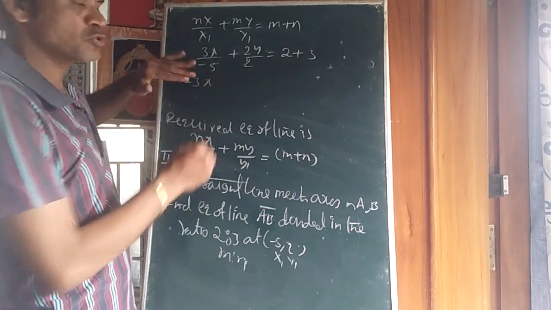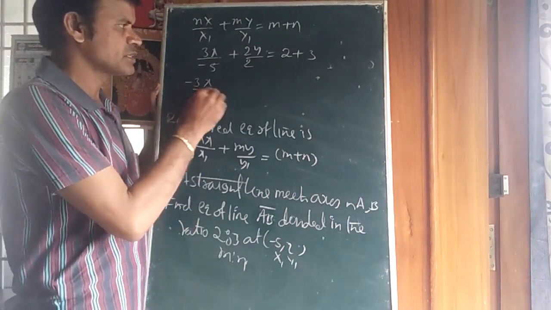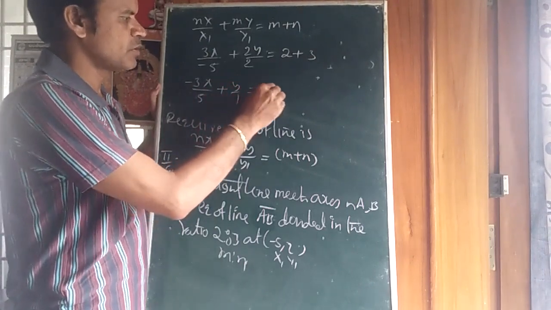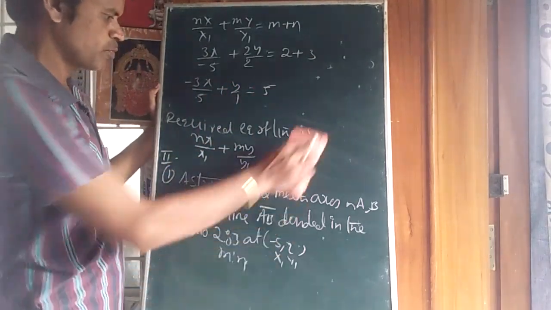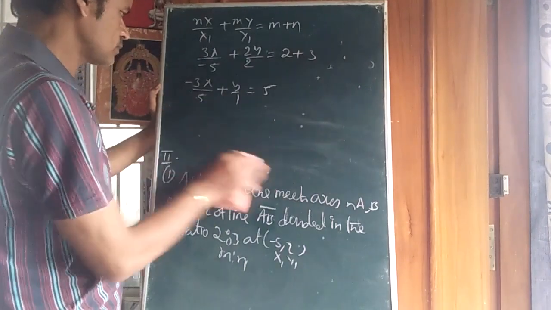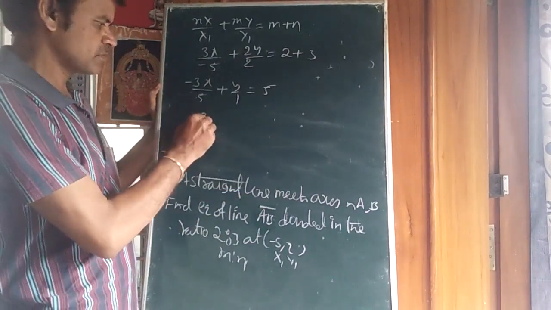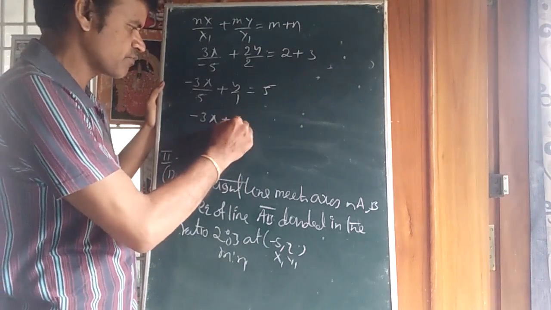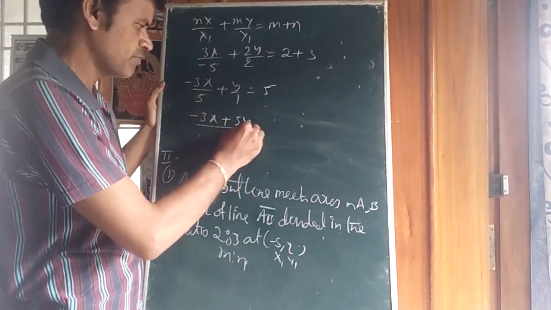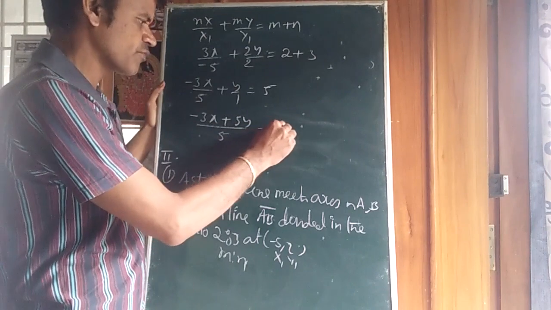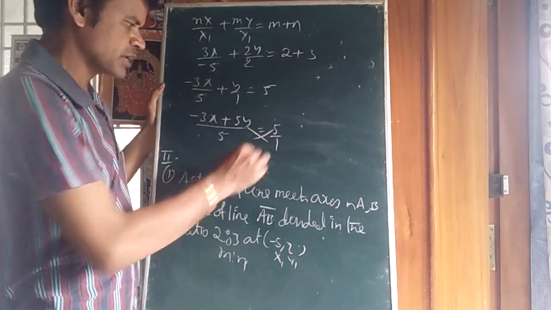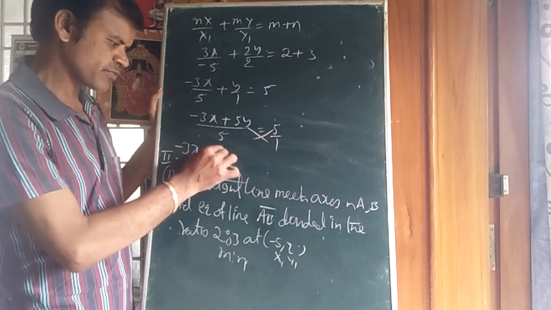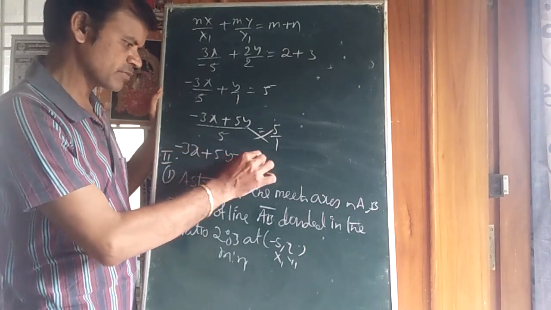Now minus, you should write in numerator, minus 3x by 5 plus y by 1 equal to 5. Take LCM as (minus 5 minus 3x plus 5y) whole by 5 equal to 5. Take cross multiplication. Minus 3x plus 5y equal to 25.